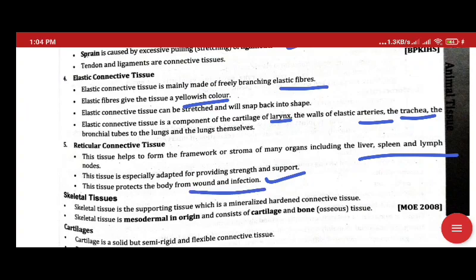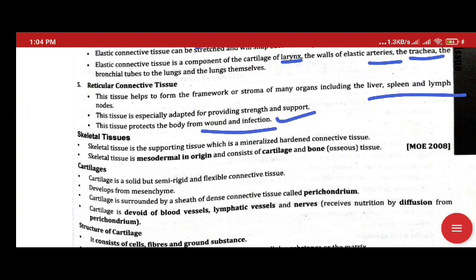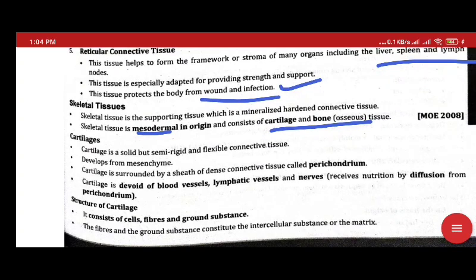Now skeletal tissue. Skeletal tissue is also part of connective tissue, and it is also mesoderm in origin. It consists of two, that is cartilage and bone. Bone is also called osseous, and bone contains osseous protein. Cartilage means semi-rigid, a medium type of rigid, flexible.